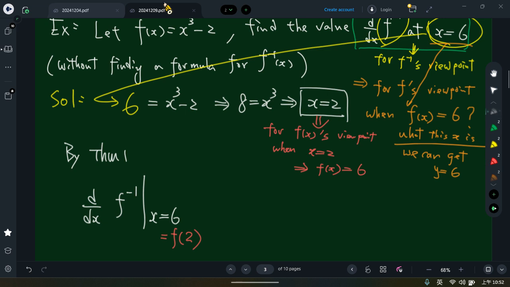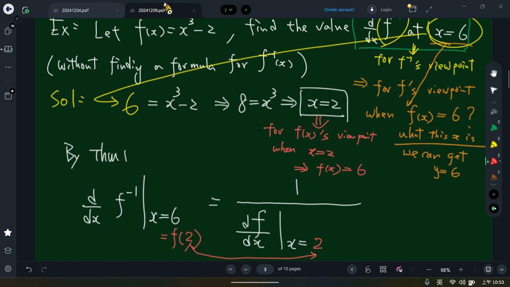Then when you want to calculate its derivative, you can get the inverse of the original function. That means this one. Then when x is equal to 2 here, not 6, here should be 2, because when x is equal to 2 for the original function, we can have a return value as 6, even though here is x, but x is for inverse function, not for the original function.